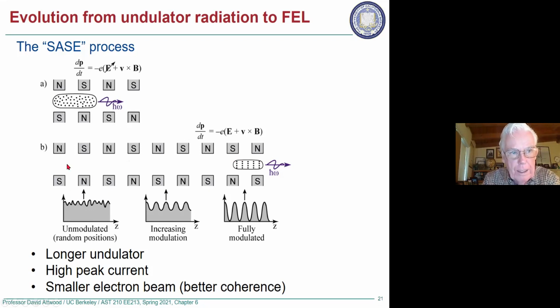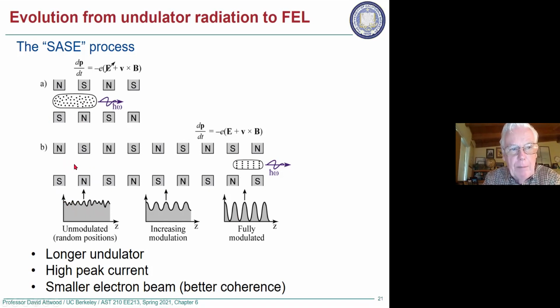But early in the process, when the electron bunch is first coming through, there are just random fluctuations. Of the 10 to the 8th or 10 to the 9th electrons, some of them somewhere in the bunch, front or back, form what appears to be a modulation at the wavelength of interest.